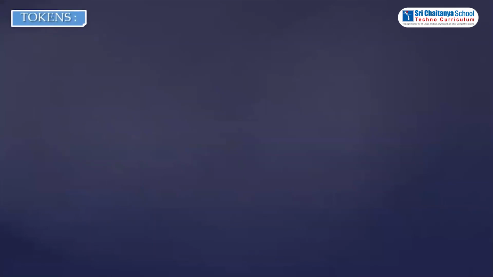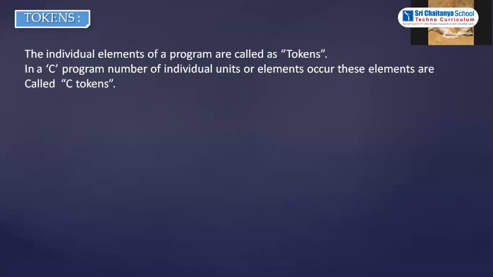Now, let's understand about tokens. The word is very surprising, right? Yes. What is this token? The individual elements of a program in C language are called tokens. In a C program, a number of individual units or elements occur, and these elements are called C tokens.